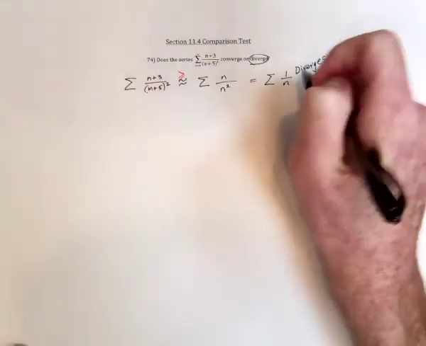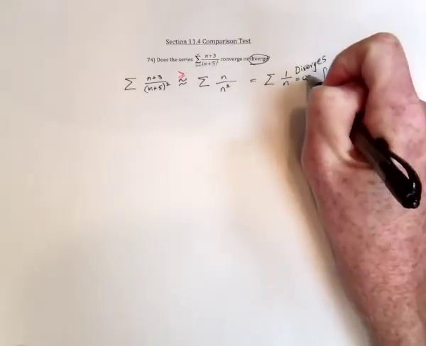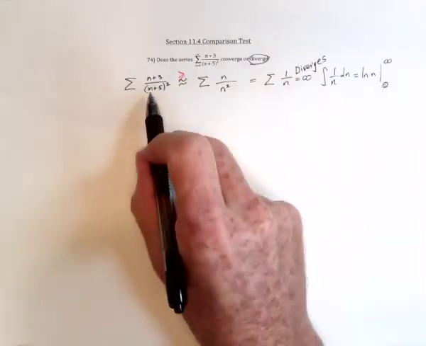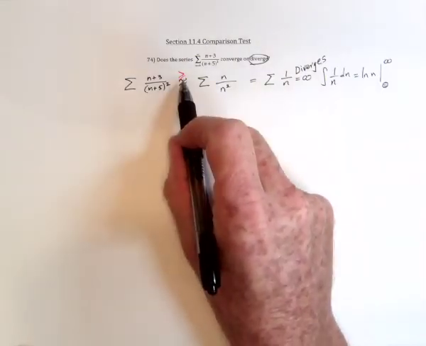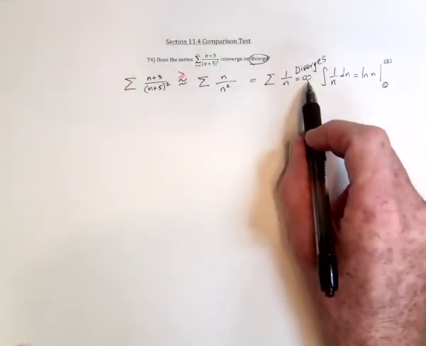Well, if this one equals infinity, the 1 over n, which it does, and our given series is actually bigger than or equal to that, then it has to be bigger than or equal to infinity, which means that it's equal to infinity.